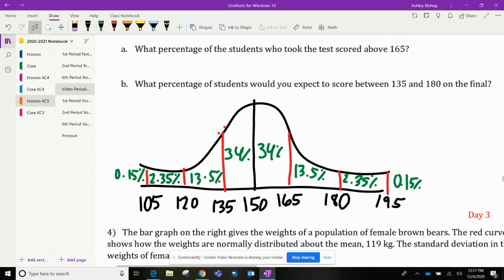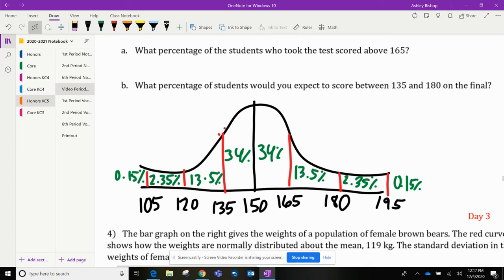Alrighty, so those are the same every time. You just got to memorize those or have a good chart to utilize.